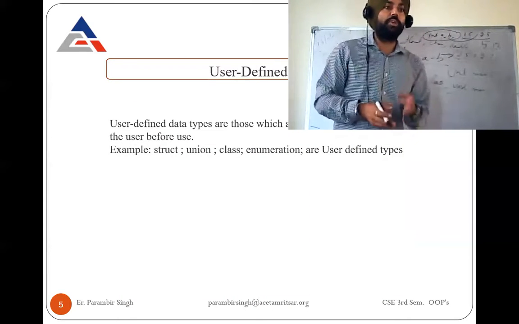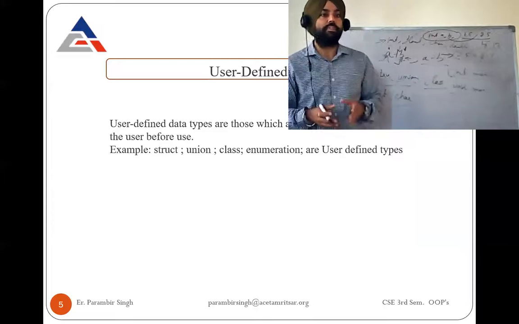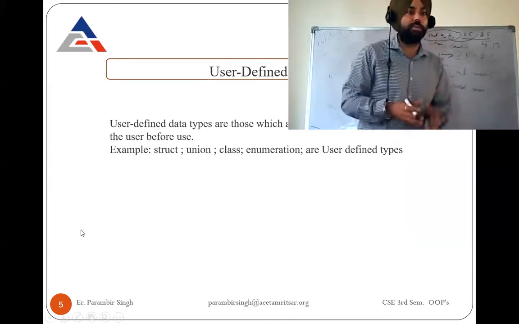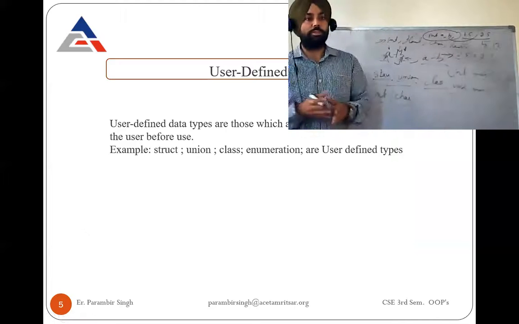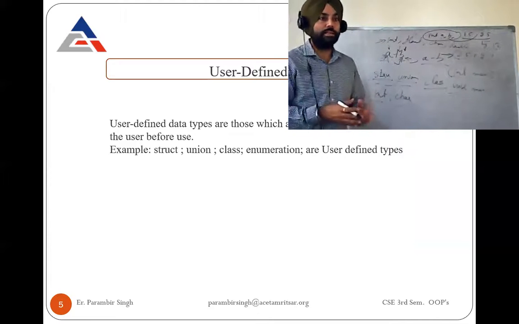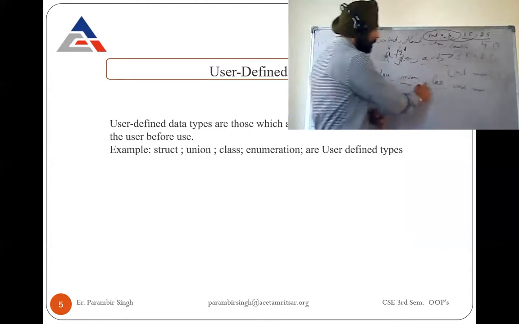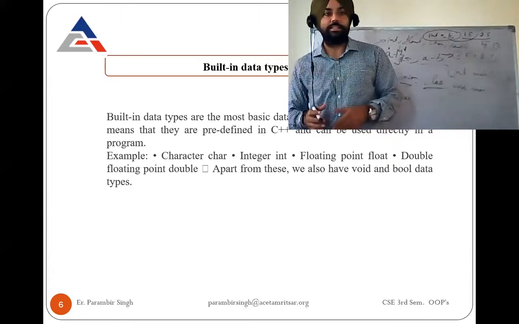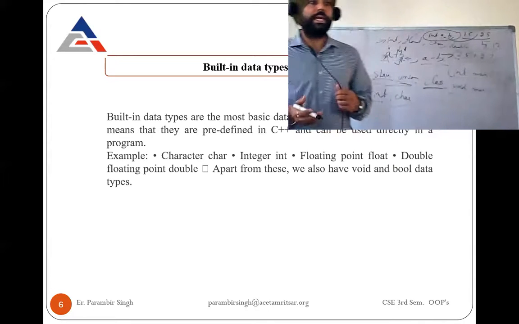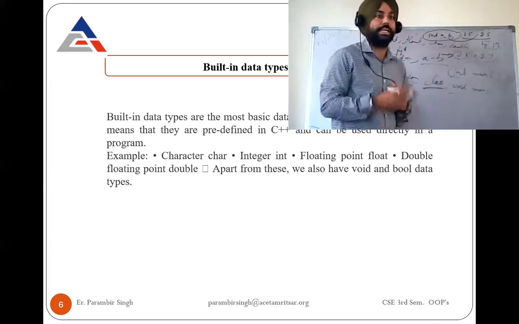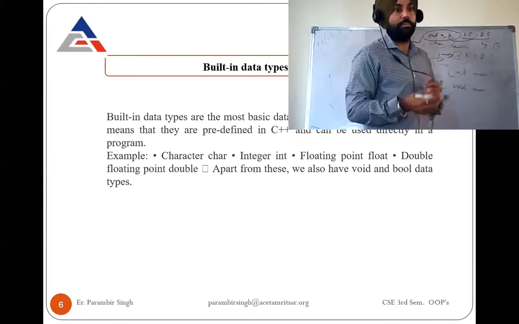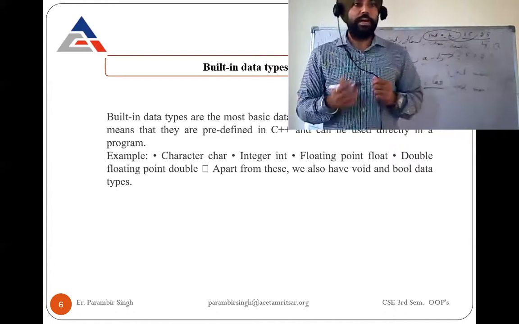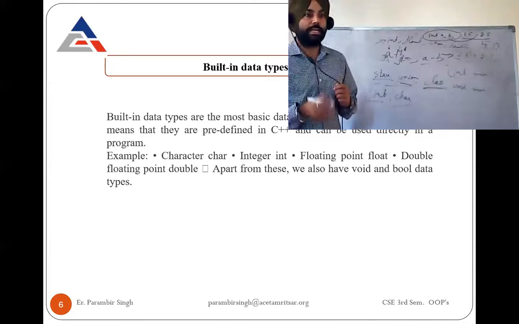So this is all about the user defined data types, which are declared and defined by the user before use. Examples are structure, union, and classes. Next is the built-in data type. Built-in data types are the most basic data types in C++. The term built-in means that they are predefined in C++ and can be used directly in a program.